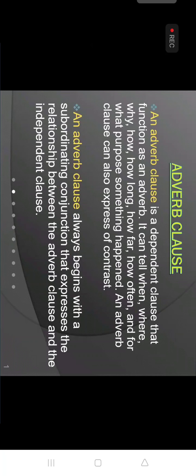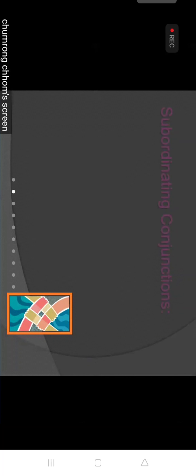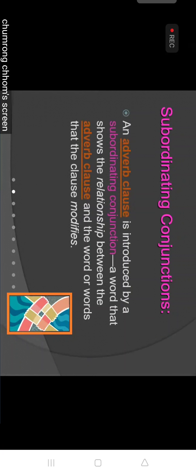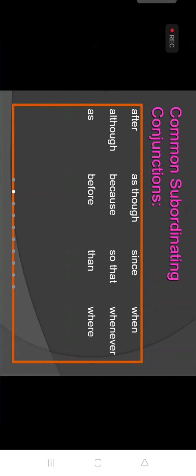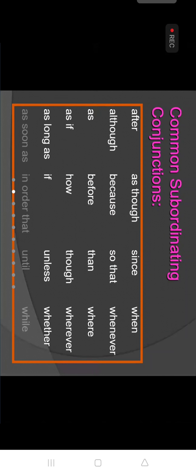So when you have an adjective clause, adverb clause, or noun clause, they start with a subordinating conjunction. So what are the subordinating conjunctions that we have in English? Actually, there are a lot. This is just some of the subordinating conjunctions that we use with adverb clauses, like after, as though, since, when, though, because, so that, and so on.